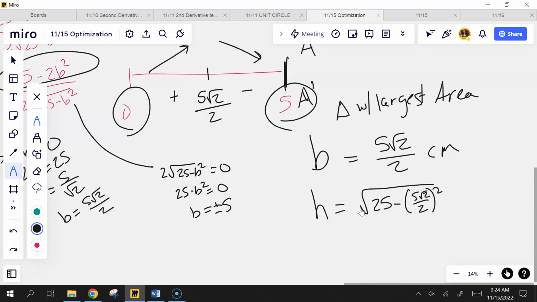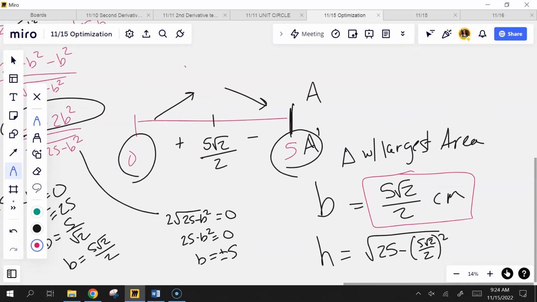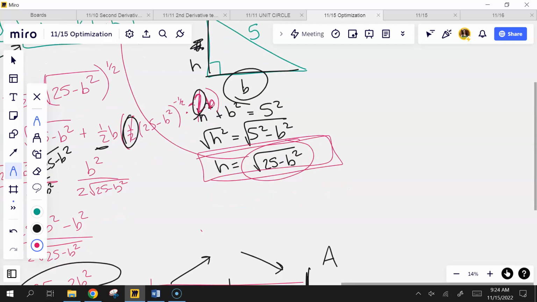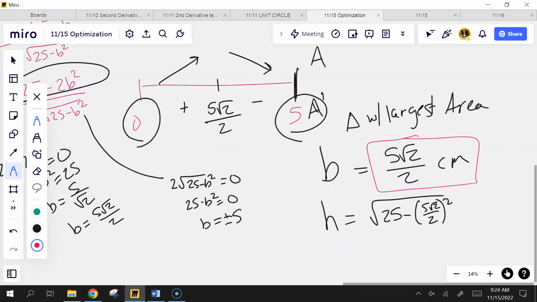So I took this base and I said, if the base is that, how do I find out what the height is? So I went back up to where I found h equals square root of 25 minus b squared, and I just plugged in for that b I found. We're constantly finding a variable, plugging in, finding a variable, plugging in. And then I would need to do 1/2.